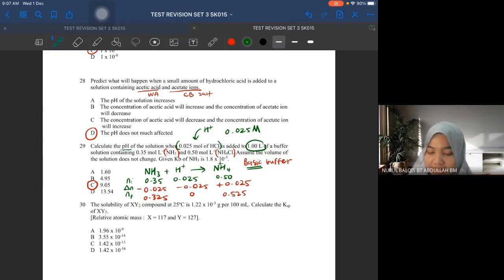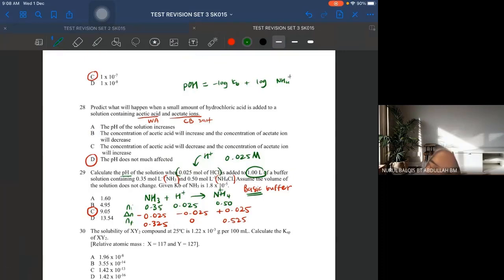You have to start with pOH first. So we find the pOH first. Here, pOH by Henderson-Hasselbalch equals negative log Kb plus log concentration of your conjugate acid salt, the NH4 plus, divided by concentration of NH3.